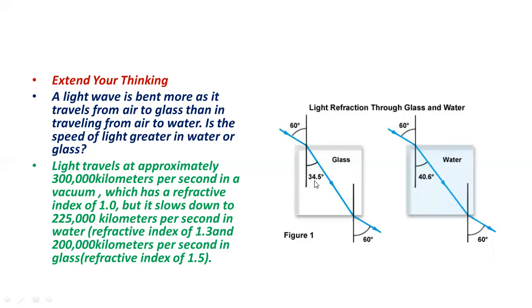Here the angle is 34.5 degrees. This is less bending because the speed is slow. Here the bending is more because the speed in water is greater, so 40.6 degrees is the angle, and the bending is more in this case because the speed of light in water is greater than that of the glass.